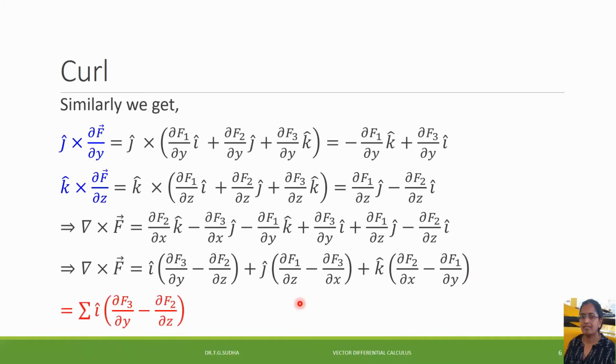And this can also be represented in the summation form as i into dou f3 by dou y minus dou f2 by dou z. Here the summation runs over i, j, k, f1, f2, f3 and x, y and z. So this is the expression for curl when F is equal to f1i plus f2j plus f3k.